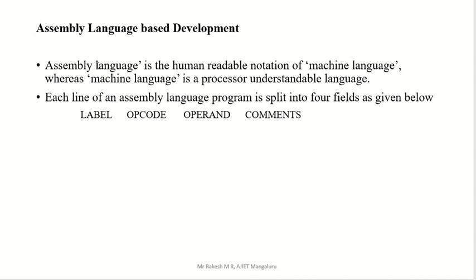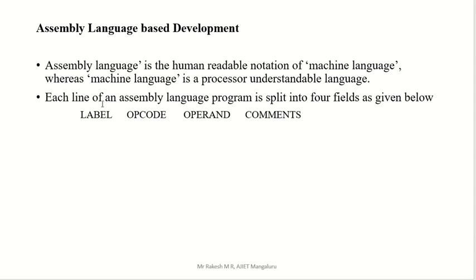In assembly language we use a set of instructions, and by using those instructions we write our entire assembly code, so it is called human readable. Machine level language is not human readable, since it is in terms of binary zeros and ones, and it is understood by the processor itself.